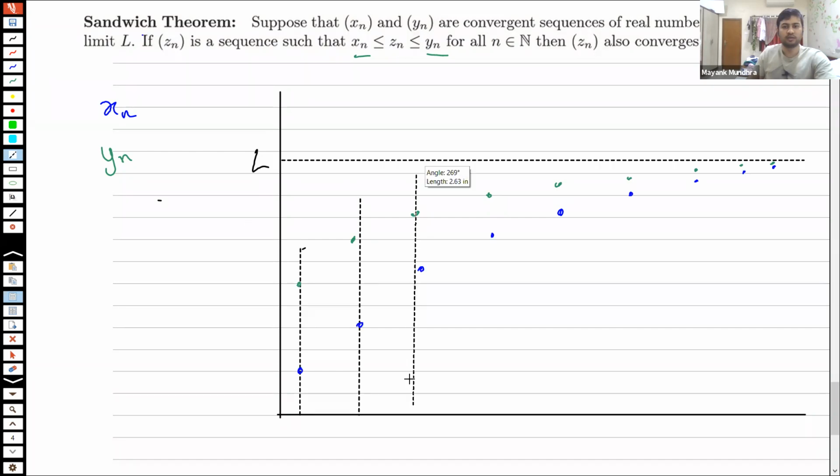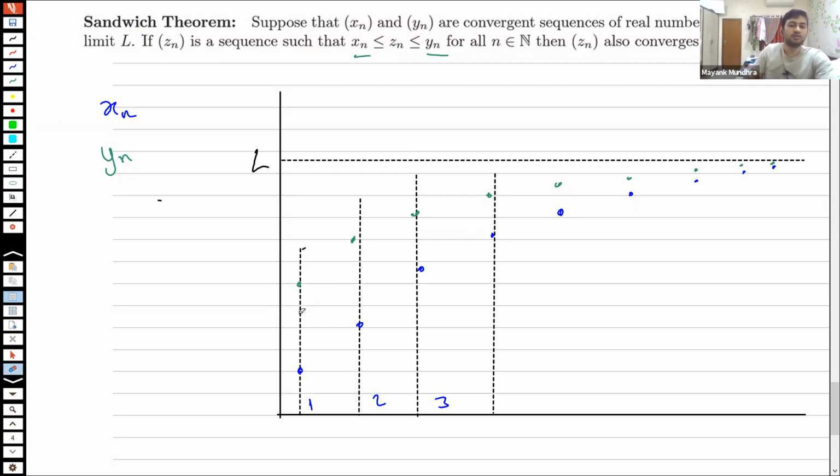That is the meaning of xn less than or equal to yn. Okay, so for any n equal to 1 or 2 or 3 or whatever, the blue dot is always lower than or equal to the green dot.